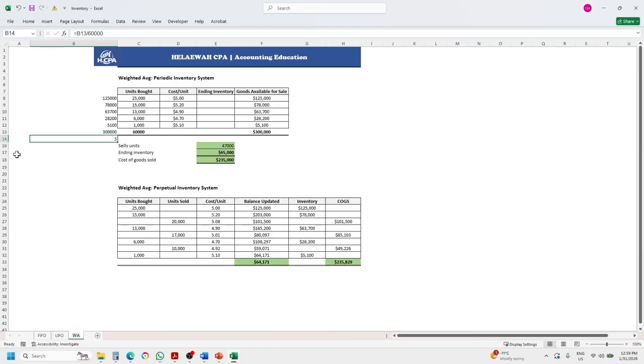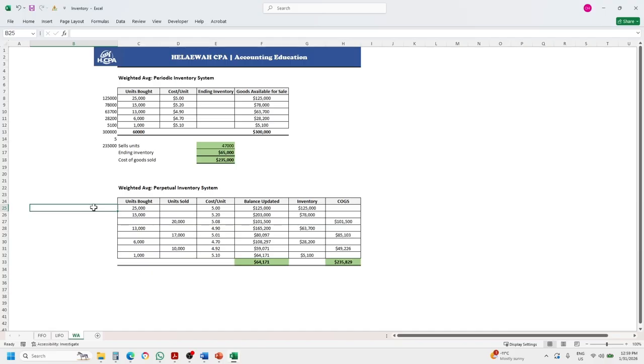Then we reach the cost per unit, $5. We sell 47,000, so 47,000 multiplied by 5 reaches 235,000, which is the cost of goods sold.